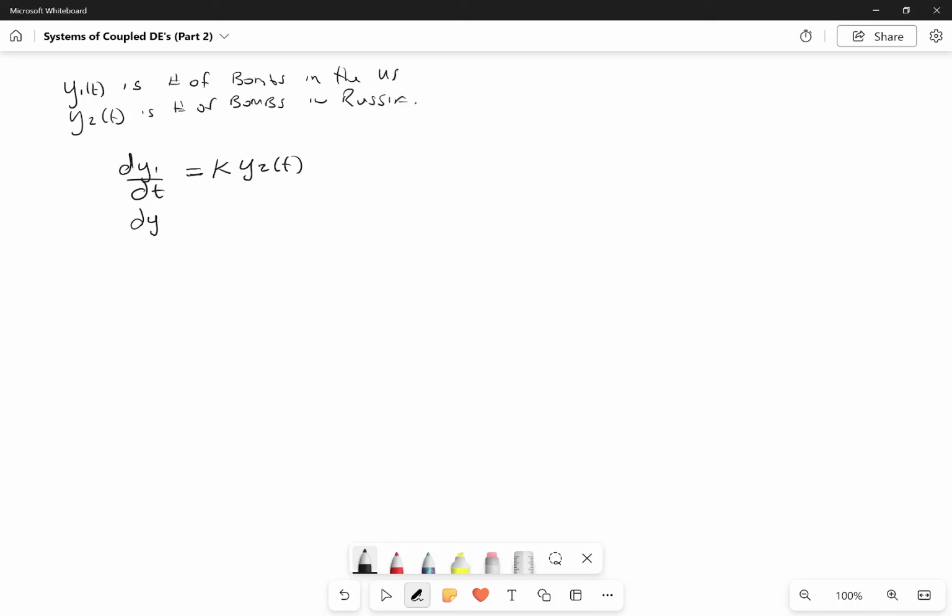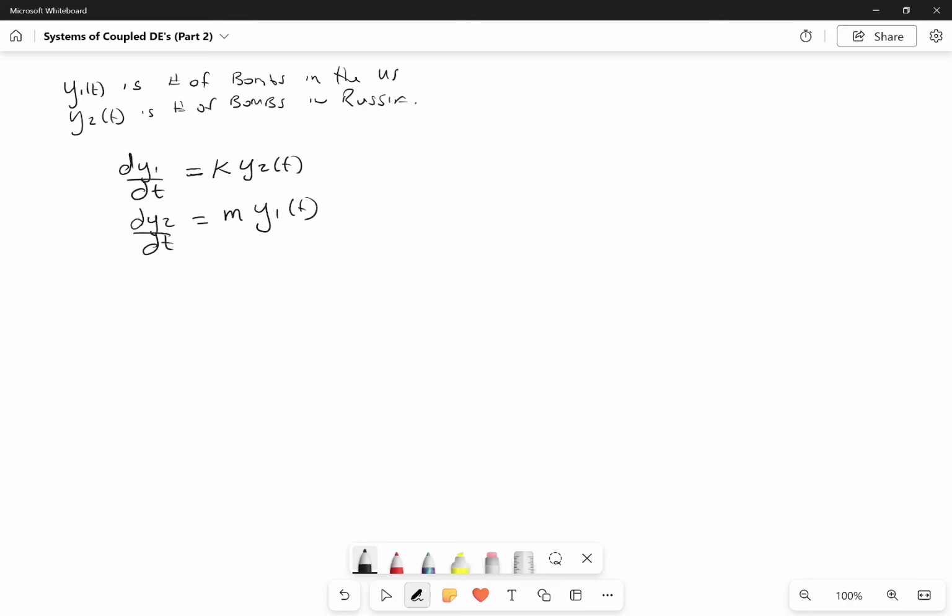So dy2 by dt equals, now we need another proportionality constant. It's not necessarily going to be the same, so I'm going to use m here, times y1 of t.